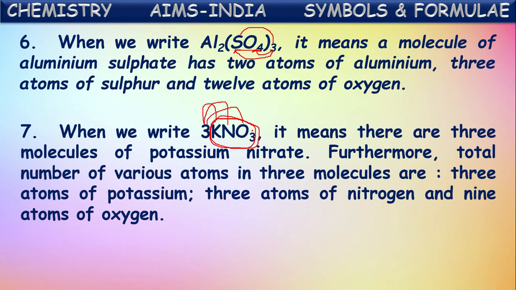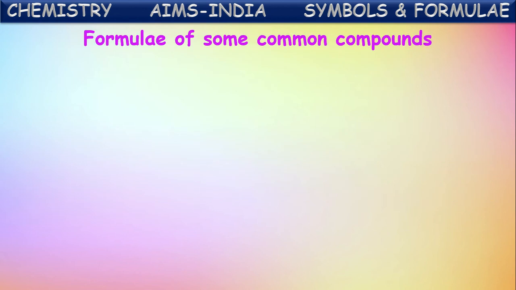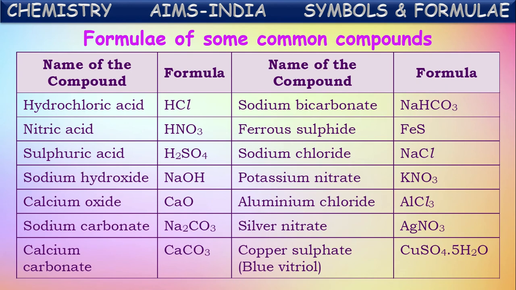Got it? Now let us see formulae of some common compounds which we use in general life and general science studies. Hydrochloric acid, which is one of the familiar acids. Its formula is HCl. Nitric acid, HNO3.